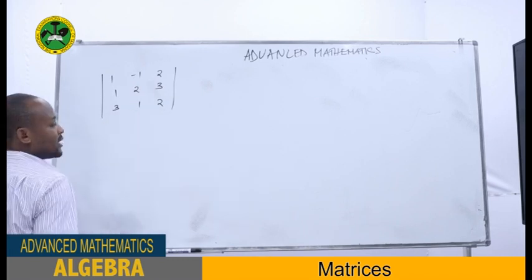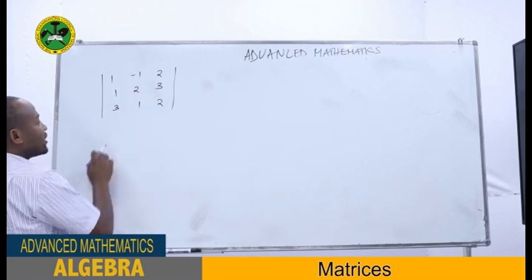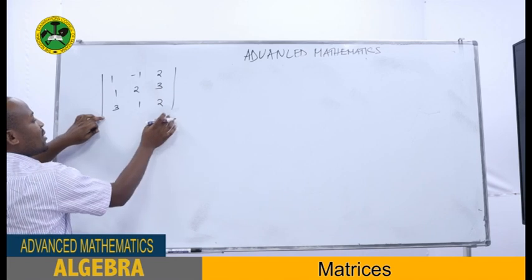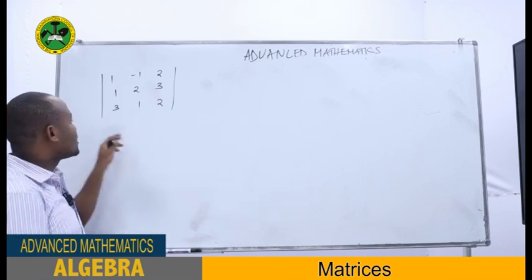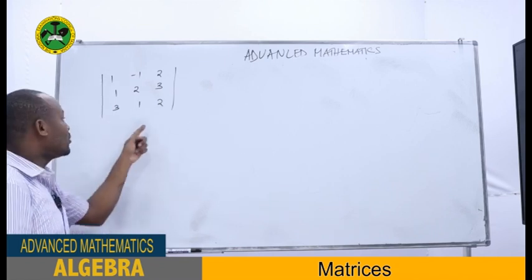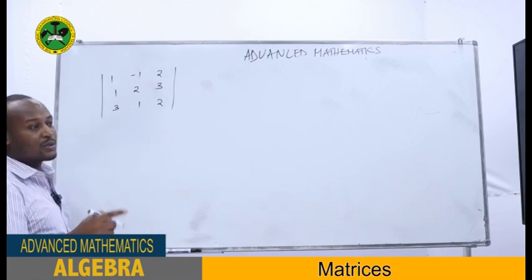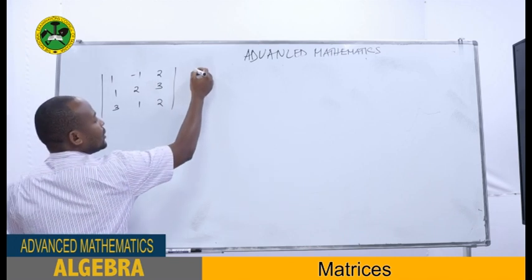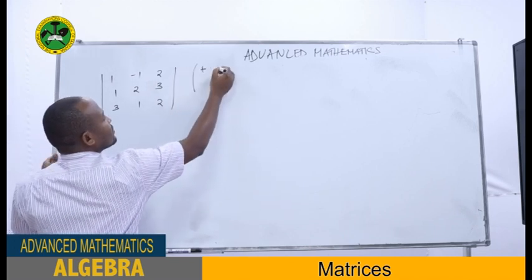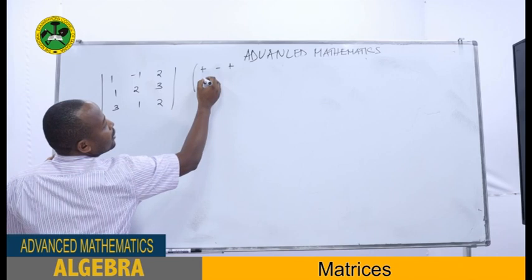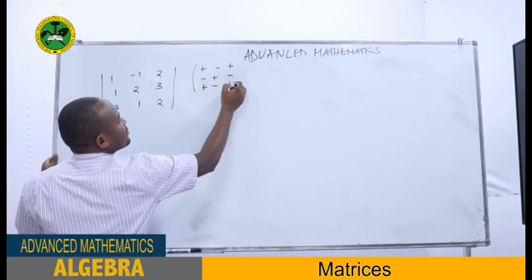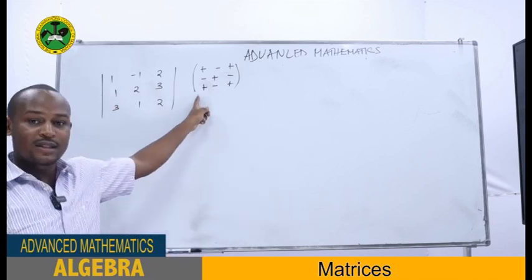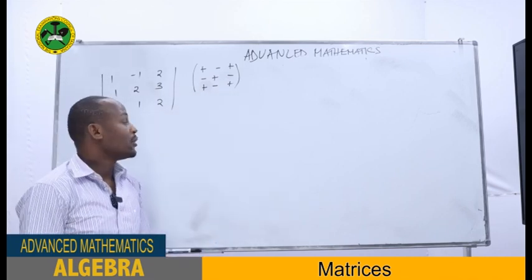These signs denote the determinant of a matrix. How do we do that? Remember the pattern that I explained: positive, negative, positive, negative, positive, negative, positive, negative, positive. So you will use this pattern in your solution.